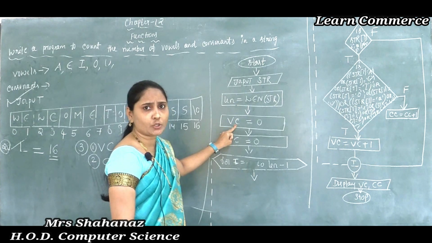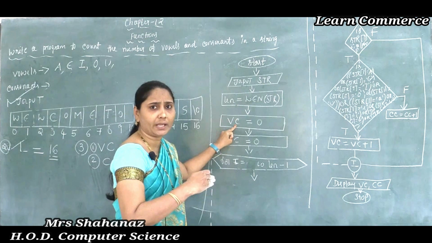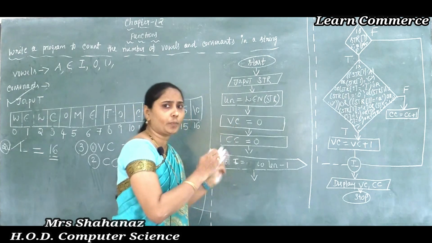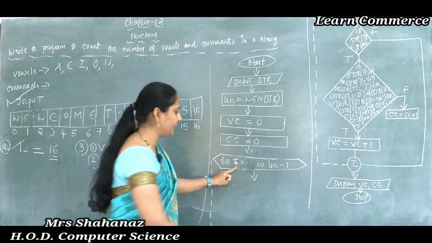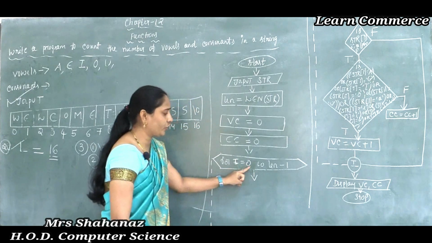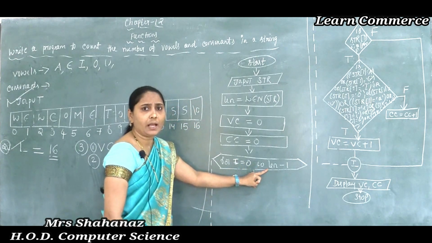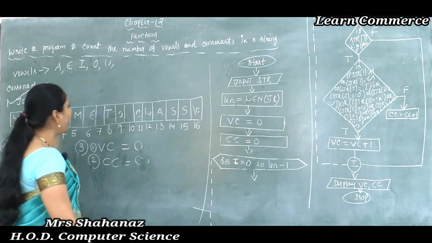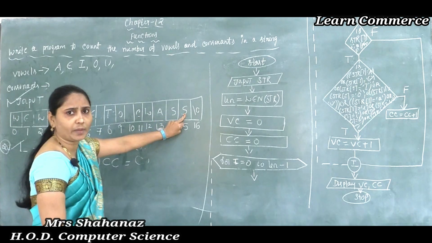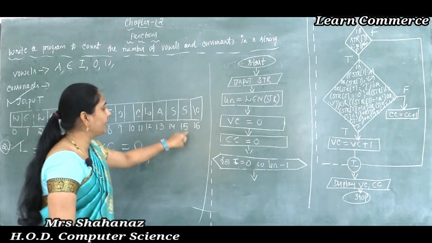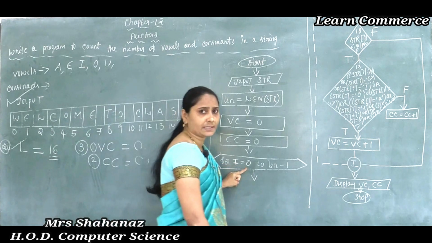VC is initialized to 0, the starting step, but depending on the character it may join to the VC or to the CC, accessing the characters one by one. I is equal to 0 to len minus 1 here, accessing starts from 0 and goes one by one till the 15th character.